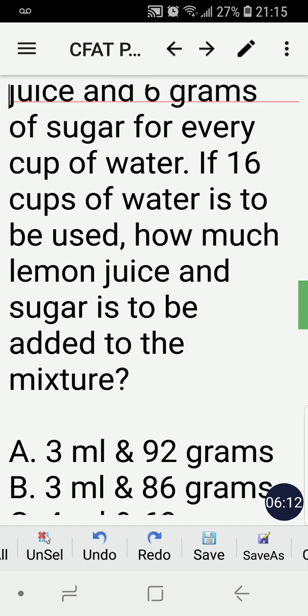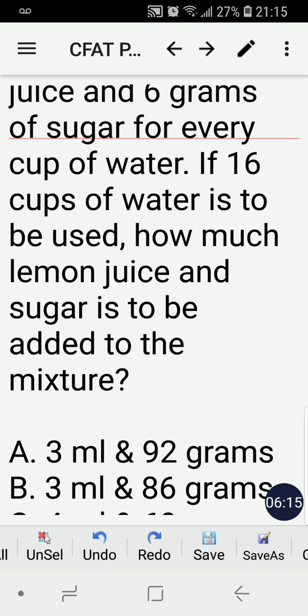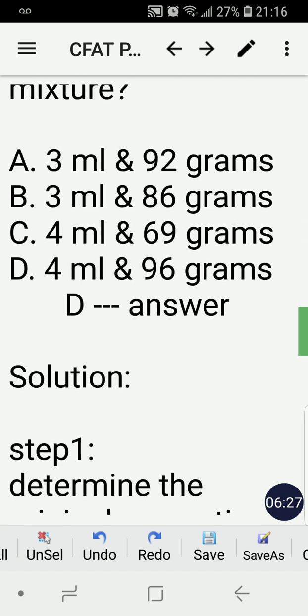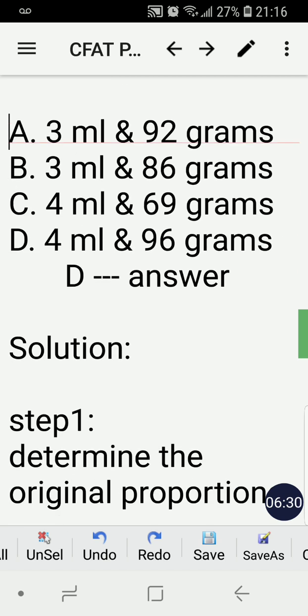If 16 cups of water is to be used, how much lemon juice and sugar is to be added to the mixture? So, like I said, this is a ratio and proportion problem. The answer here is letter D, 4 ml and 96 grams.